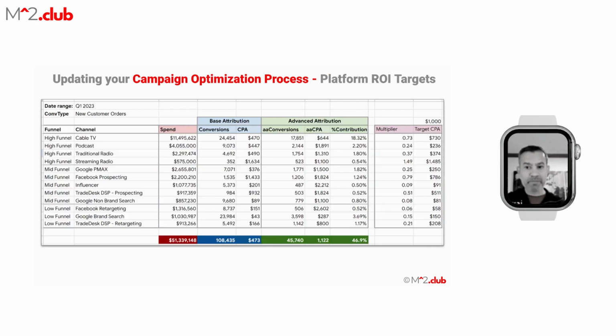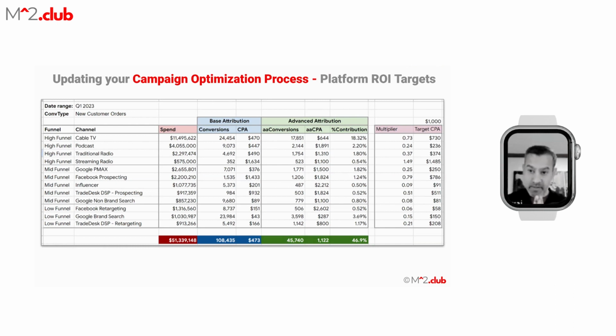Now that we've taken the multipliers, combined them with the base attribution to provide advanced attribution reporting, and reported all of that, you ladder this to optimizing the channels.